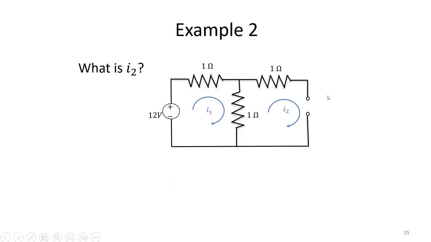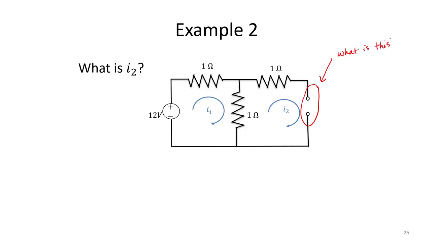Let's try an example. Best way to learn this stuff is by example. So here's a question for you. What is I2? Pause the video and take a moment to think about it. Question to you.